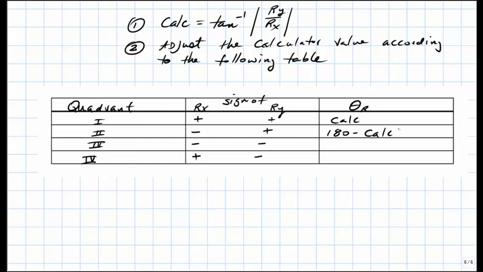In the third quadrant, the adjustment equals 180 plus the calculator value. And finally, if the resultant is found to be in the fourth quadrant, the adjustment is 360 minus the calculator value.